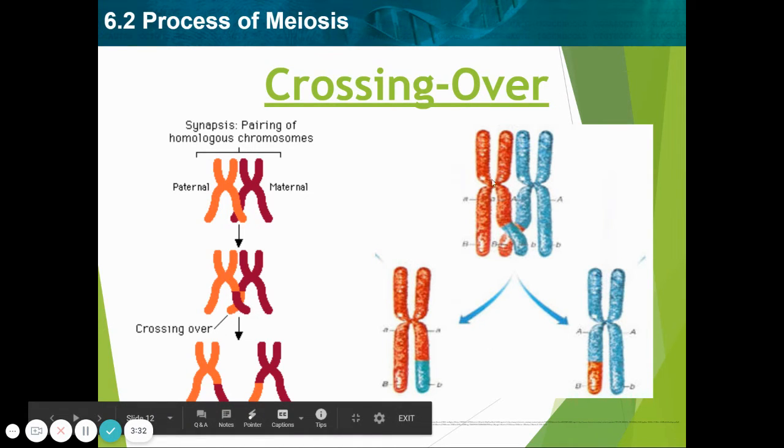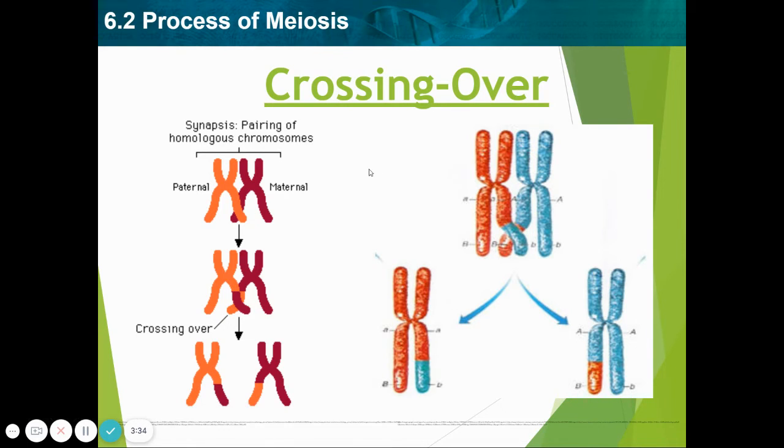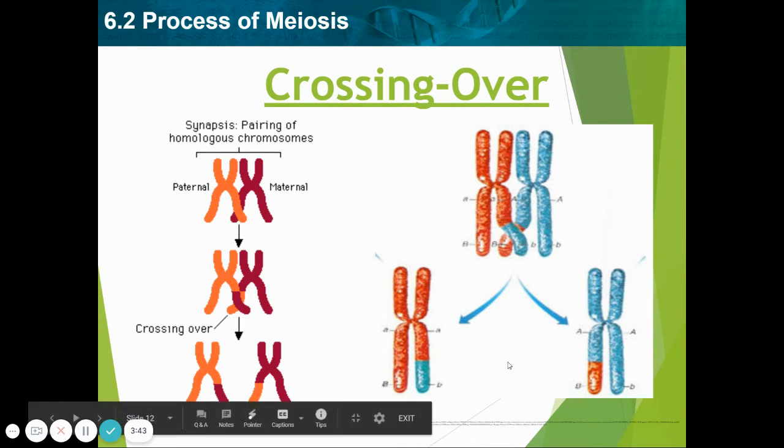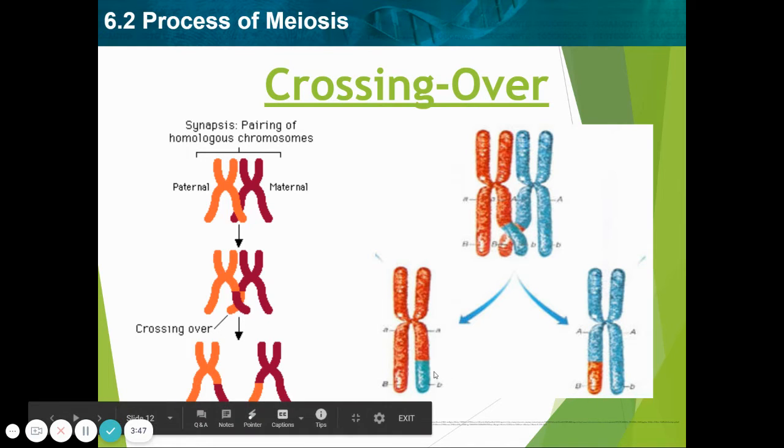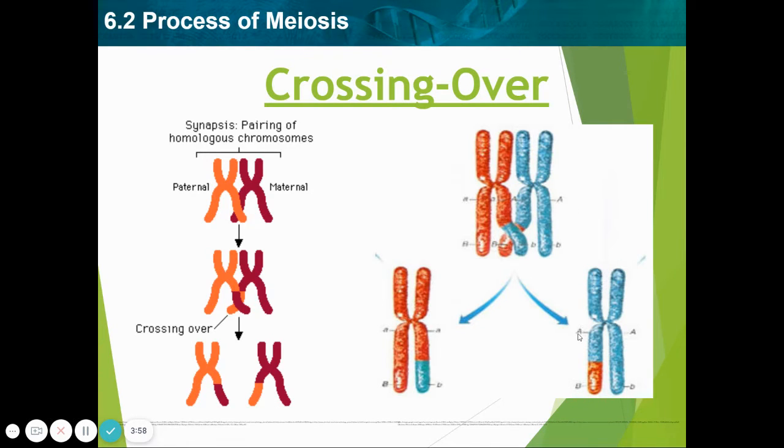If you look at these, this chromosome here is all red. This one is all blue. So maybe this one's from mom and this one's from dad. And then after the end of this crossing over event, you're going to see that the red chromosome now has a little bit of blue right there. The blue one has a little bit of red right there. These letters, and we'll do more of these letters in genetics, represent the genes that are there.